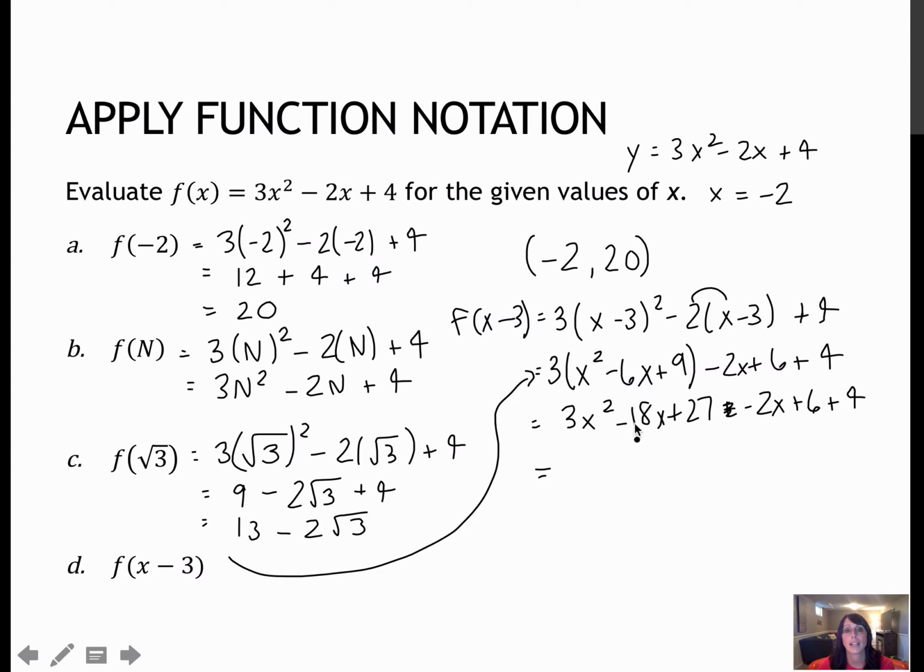And then write my solution in standard form. So I'm going to write my 3x squared first. I've got a minus 18x and a minus 2x, which combine to minus 20x. And then I have a plus 27 and a plus 6, which is plus 33, plus 4, which is plus 37. So that would be as simplified as I can get that question.